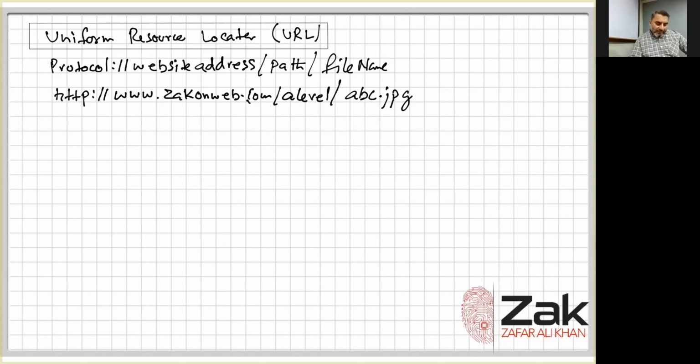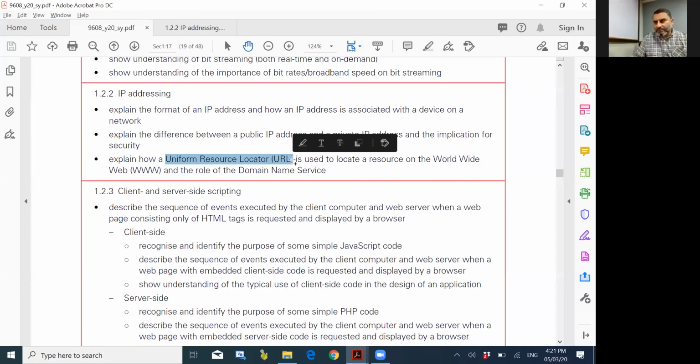If we like to access a resource over the internet, that resource always has a website. So if we like to access that resource directly, then we have to use a uniform resource locator. This domain name just makes you reach the website. So let's see how it works and how we actually use it.